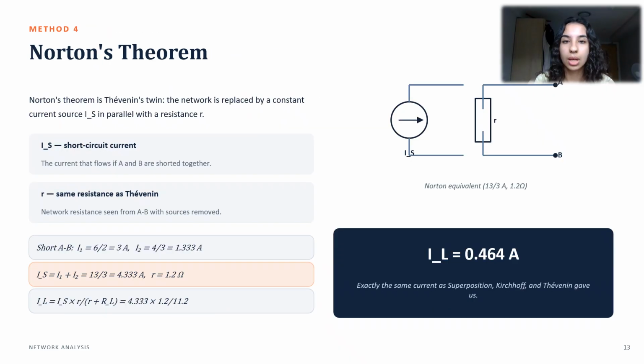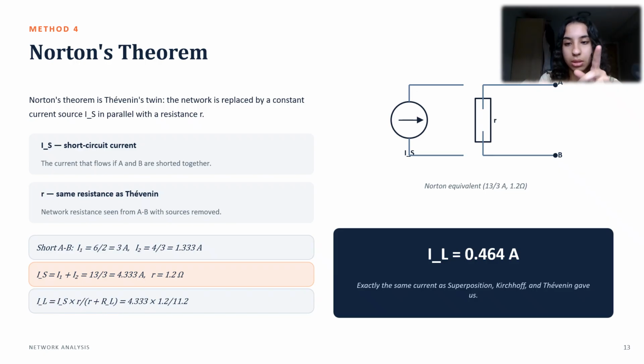Now Norton's theorem is very similar to Thevenin, but it's even easier. It gives you an even easier shortcut. All we have to do here is get the short circuit current, IS, and then the same resistance as Thevenin. We get I1, the current from battery A: 6 divided by 2.